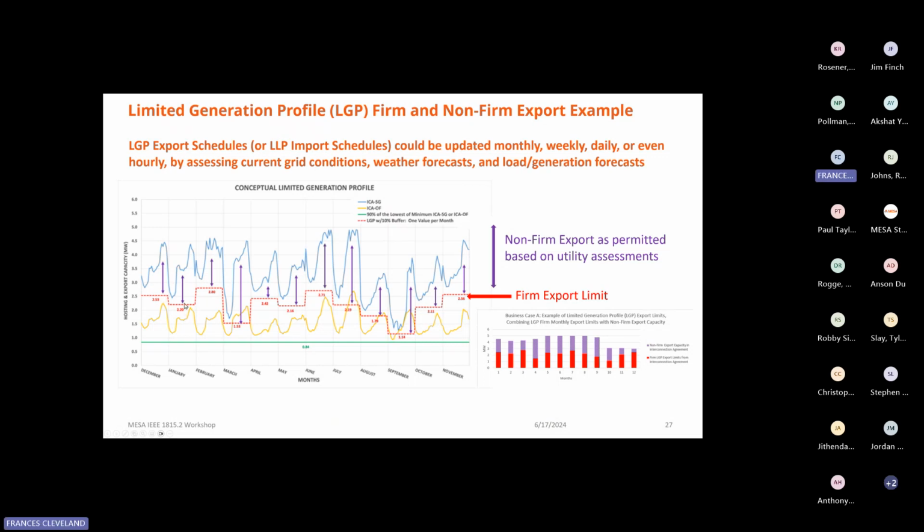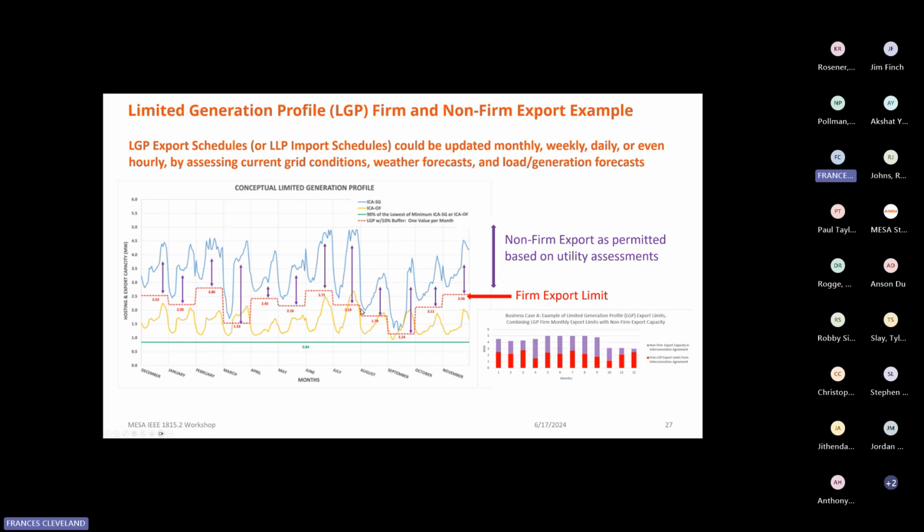And that's what these purple lines are: we actually could export more given the current weather forecasts, grid conditions, and all of that.